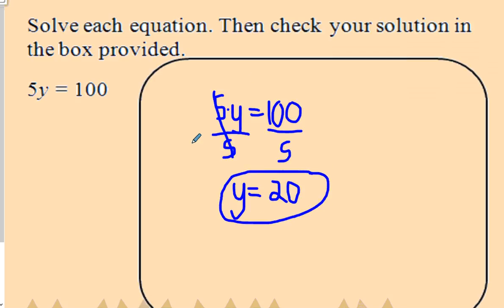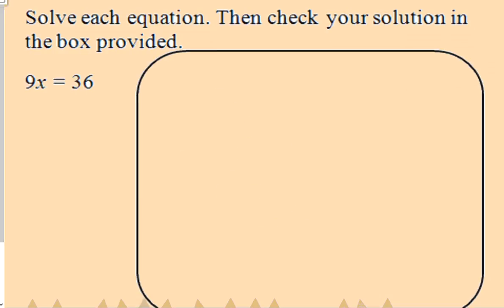Notice how I wrote out exactly how to do this, and I was very specific about what I was doing while I was solving the equation. We're going to do one more example. We have 9x equals 36. I am going to figure out the relationship between the 9 and the x.